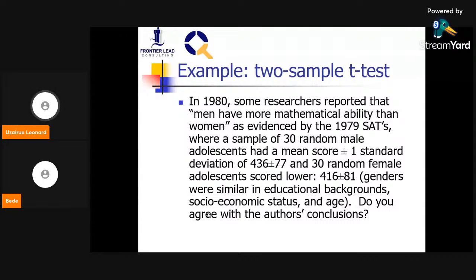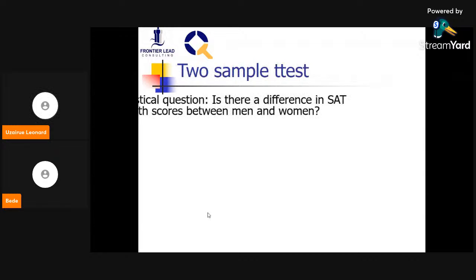If their age is different, they are going to be impacted. If their socio-economic status is different, they are going to be impacted. So in this study, the educational background was controlled, the socio-economic status was controlled, and the age was equally controlled.